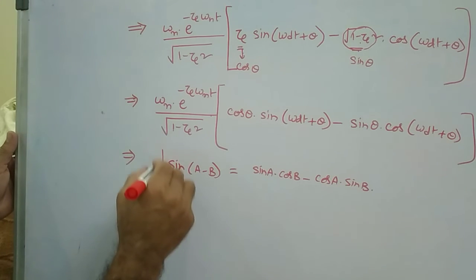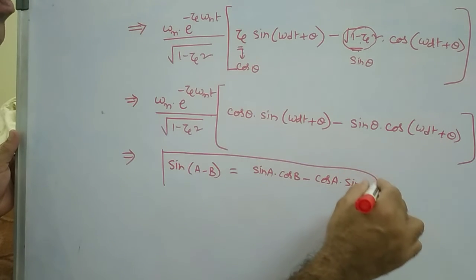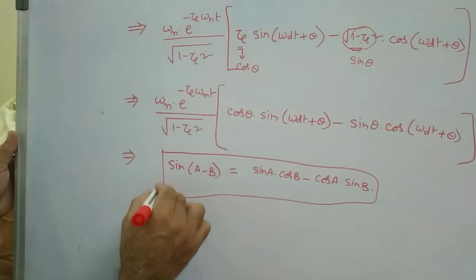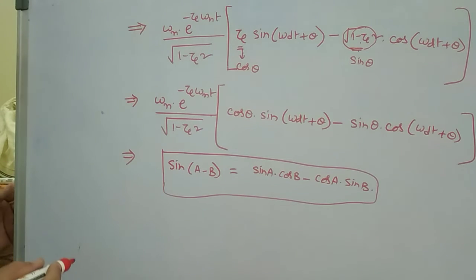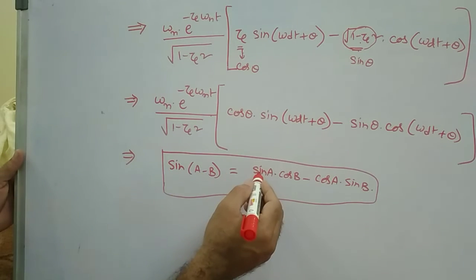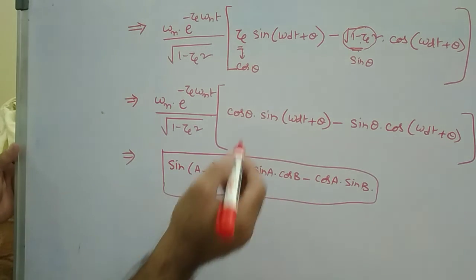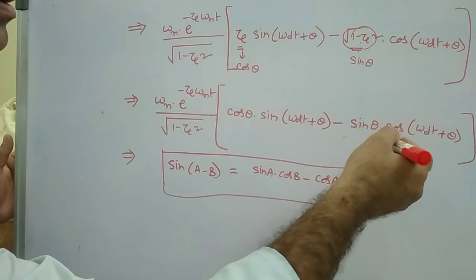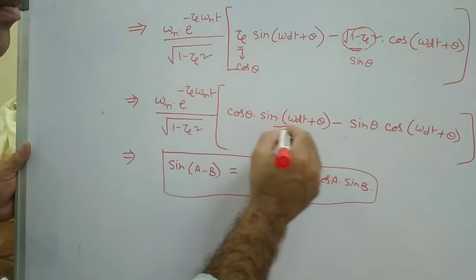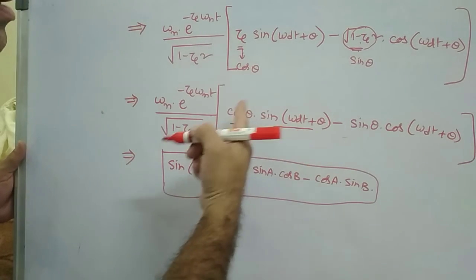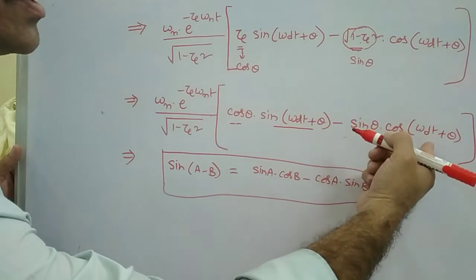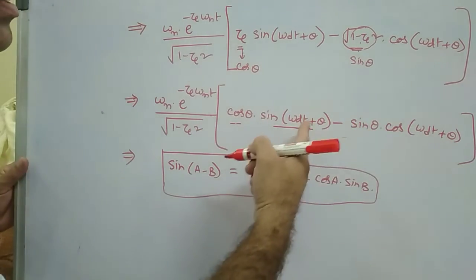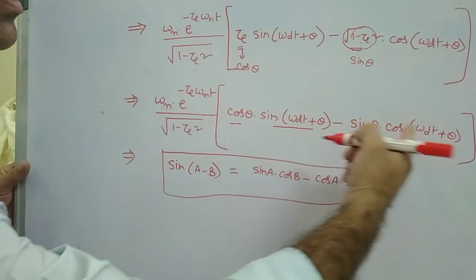This is the very important formula. You might have studied it in your 10 plus 1, in your first year intermediate, it will come in trigonometry. Sin of a minus b is equal to sin a cos b minus cos a sin b. Therefore, if you see this carefully, this follows this basically. This is sin a, this is cos b. Sin a cos b minus cos a sin b.